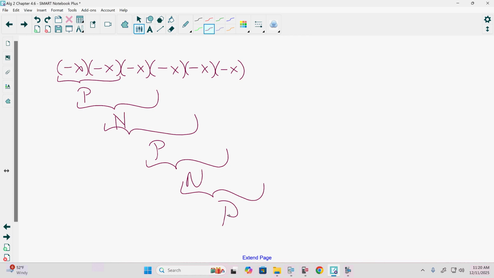When we multiply a negative by itself an even number of times, it's going to become what? Positive. When we square a negative, it becomes positive. Anytime we multiply a negative by itself an even number of times, it's going to become positive. If we multiply it an odd number of times, it's going to be negative, yes?